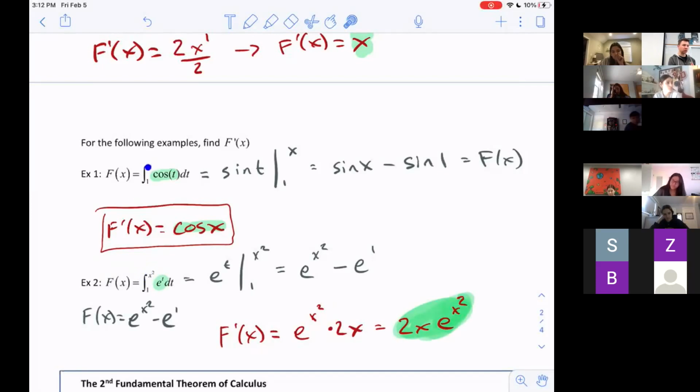The derivative of x is just 1, but here the derivative of x squared is 2x. So when I made it e to the x squared, I'm also going to need to multiply by the derivative of that, which is 2x.